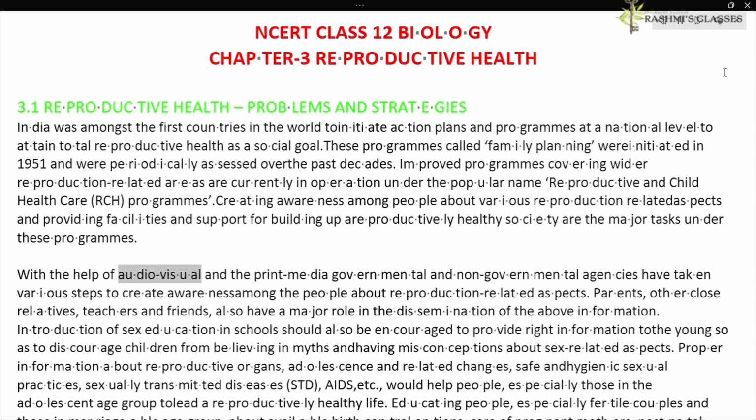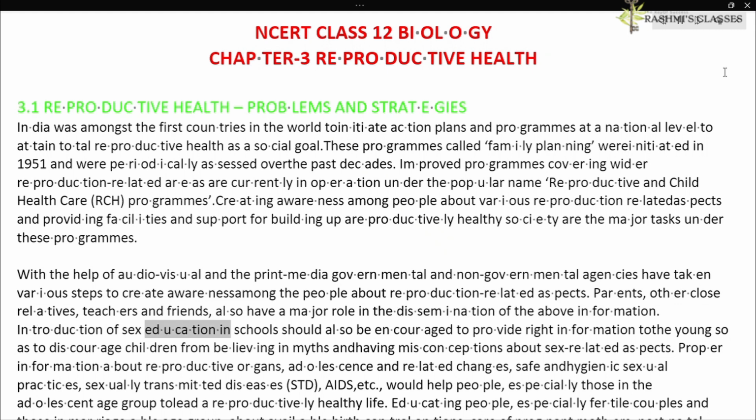With the help of audiovisual and the print media, governmental and non-governmental agencies have taken various steps to create awareness among the people about reproduction-related aspects. Parents, other close relatives, teachers, and friends also have a major role in the dissemination of the above information.